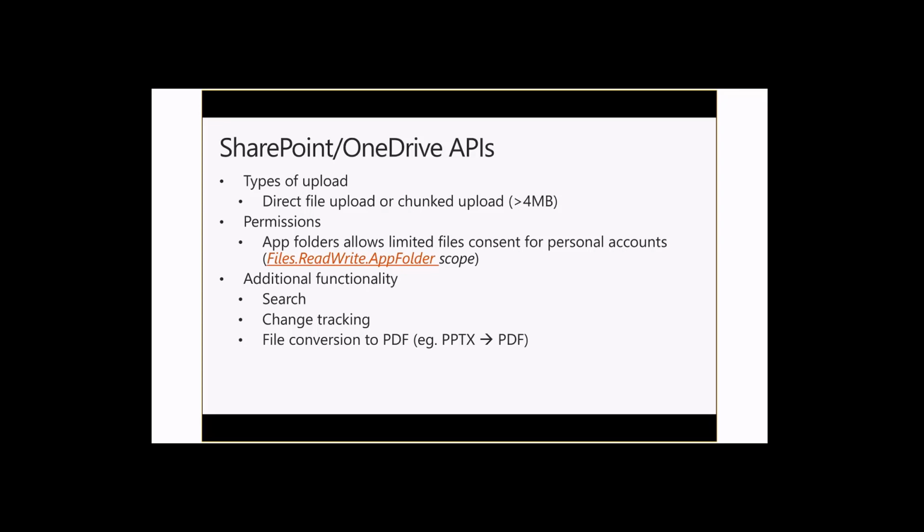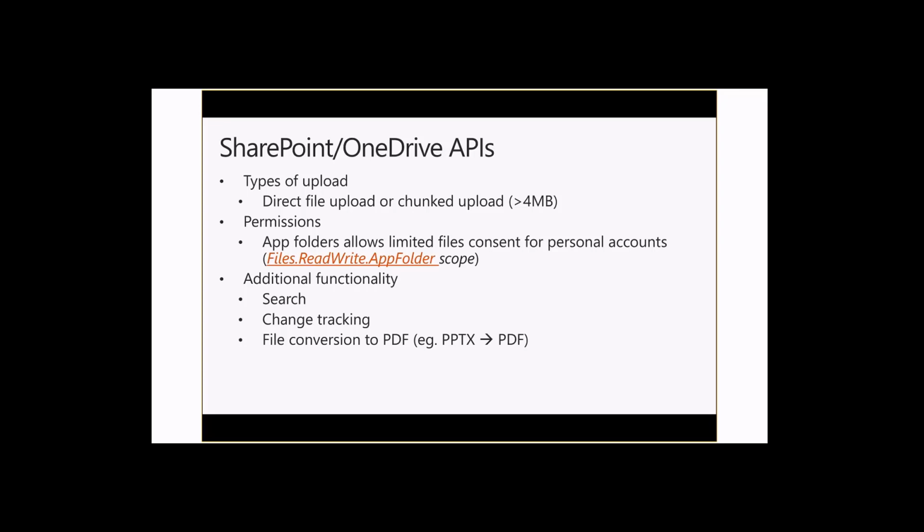For personal accounts, we have this scope that allows you to store data in a specific folder that's dedicated to your application. So instead of having to ask for permissions for all of your folders, you can ask for just the ability to write and read from a specific folder. This makes consent really easy for apps that are intended for consumers.